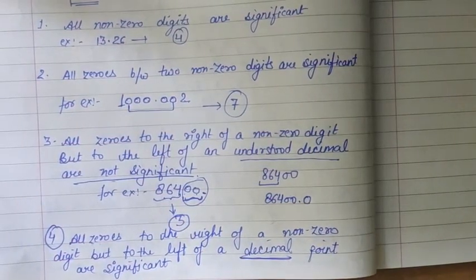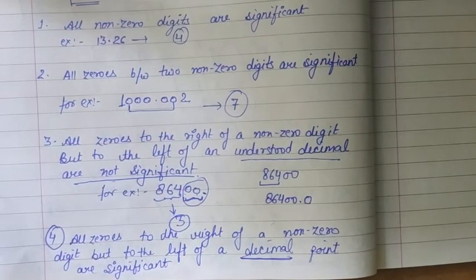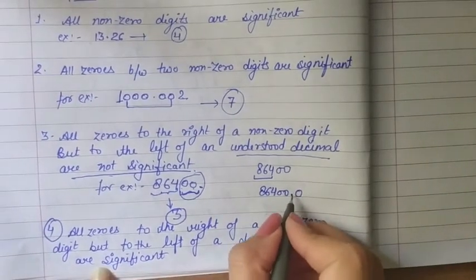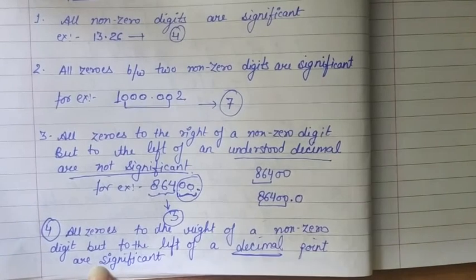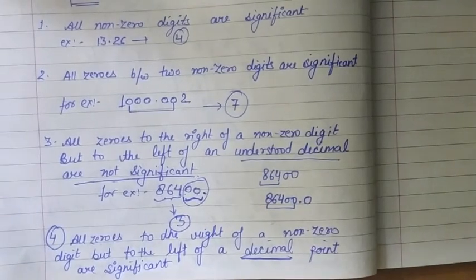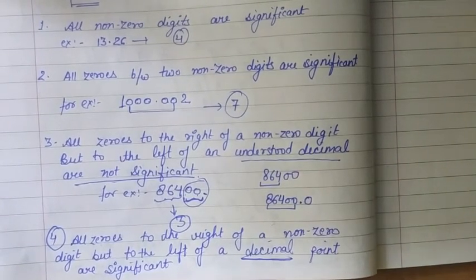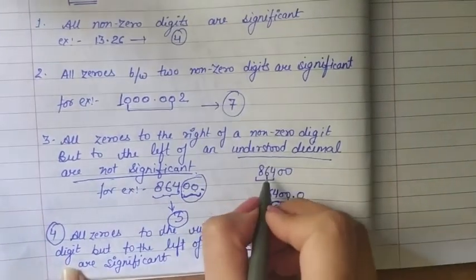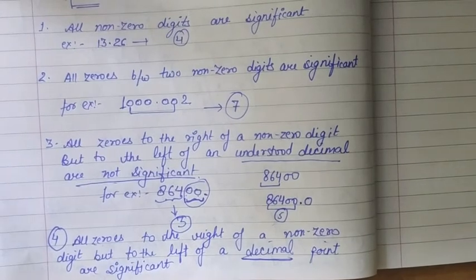There is no understood decimal but there exists a decimal. Then in that case, if this decimal exists, all these digits are significant. So in this case there are 5 significant digits, while in the above case there are 3 significant digits.